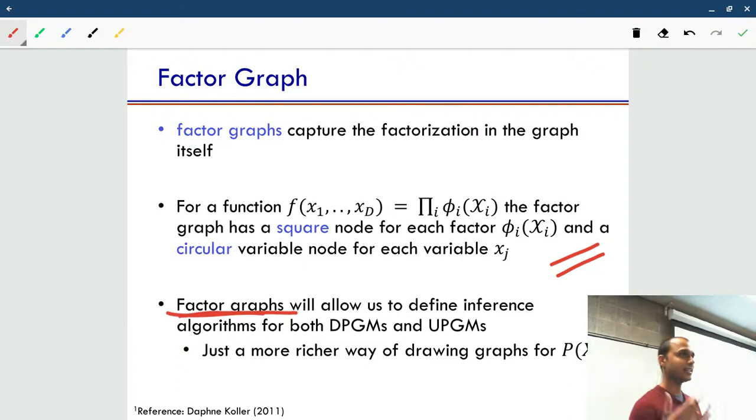The reason why we have directed and undirected graphs is because sometimes some conditional independences can't be represented in one or the other, and we had some minimal examples, like 4 node examples from two lectures ago, which said certain conditional independences can only be represented in one or the other, okay? So that's why there are 2 different graph models. But for inference, we can actually condense both of them to factor graphs, and then we can directly do inference on that, okay?